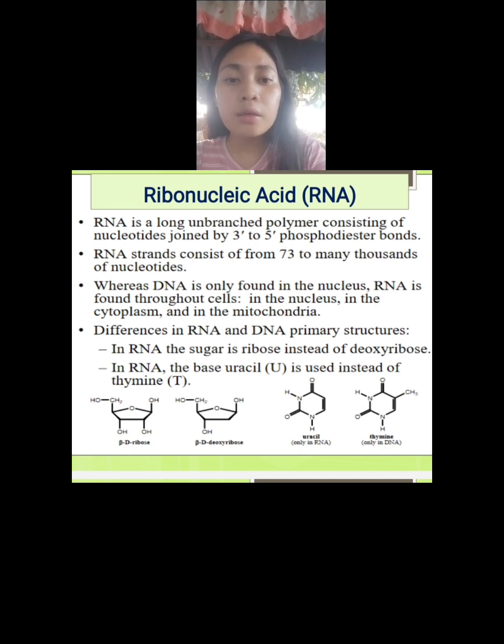In RNA, the sugar component is ribose, while DNA contains deoxyribose. Additionally, RNA uses the base uracil instead of thymine, which is specific to DNA. This distinction in sugar and base components between RNA and DNA contributes to their unique functions in the cell.